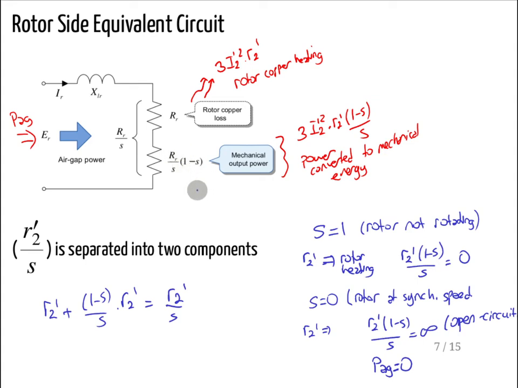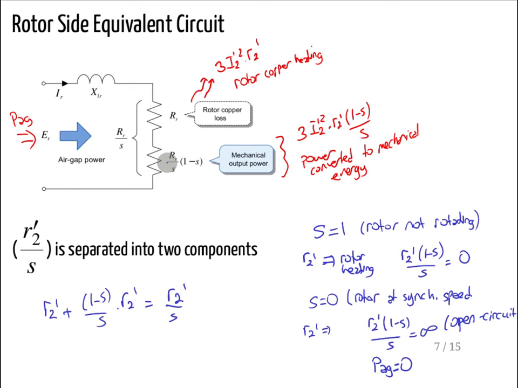Then let's say slip is equal to 0.1, so that means 1 minus 0.1, that is 0.9, divided by 0.1, so it makes 9 RR. So at 0.1 slip, that resistance will be 9 times the rotor copper loss.